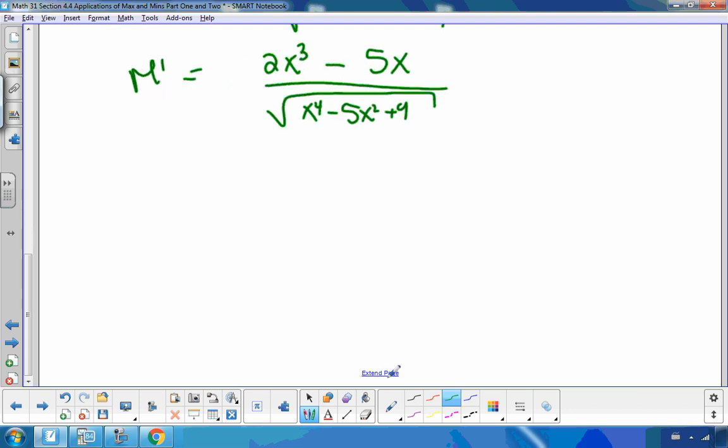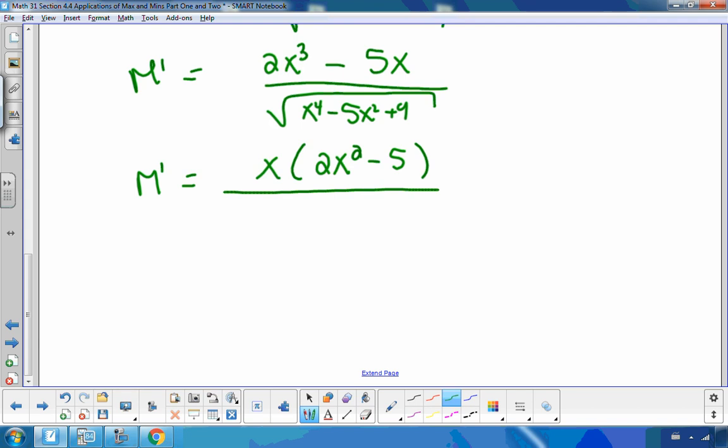Okay, so I'm going to factor the numerator just by taking out a GCF of x, and then I'm left with 2x squared minus 5 all over the square root of x exponent 4 minus 5x squared plus 9.